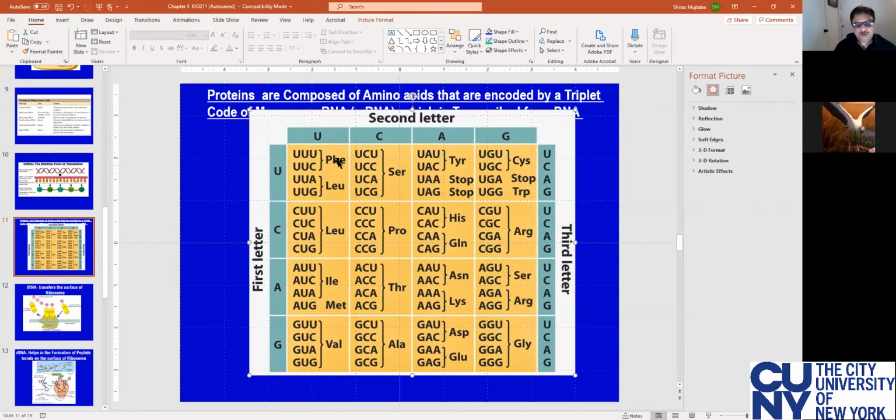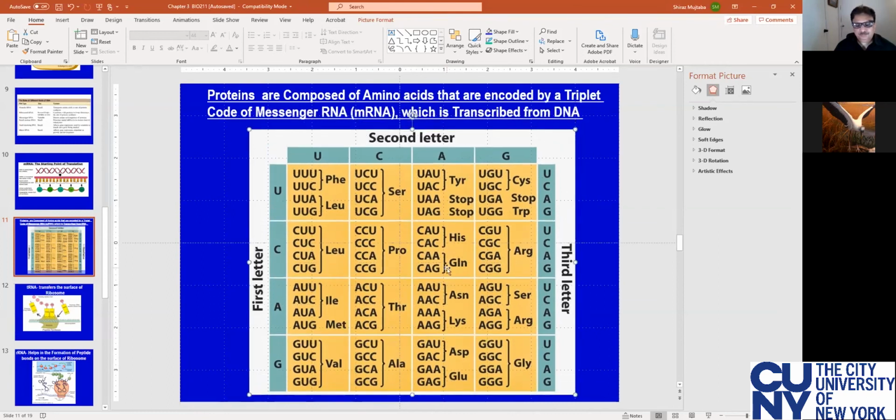If they come together, they code for a single amino acid, phenylalanine. These are various permutations and combinations, and this table indicates what triplet nucleotide will give rise to which amino acid. This table is called the genetic code table.